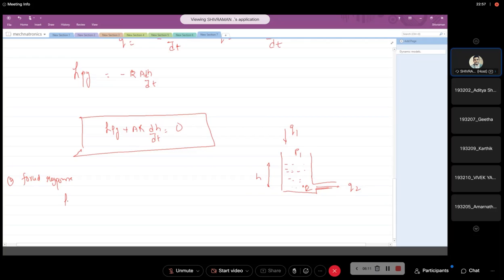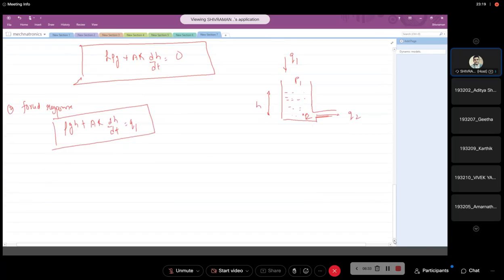So it is rho g H plus A R dH by dt is equal to Q1. You can see this derivation in your previous class. Okay, so this is a forced response.